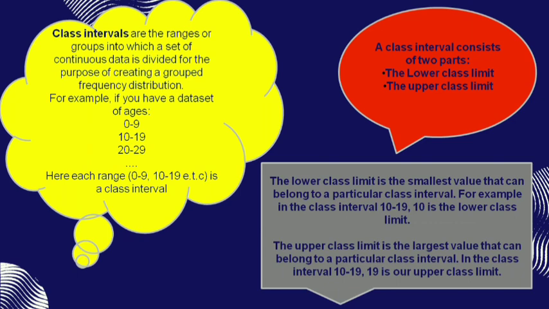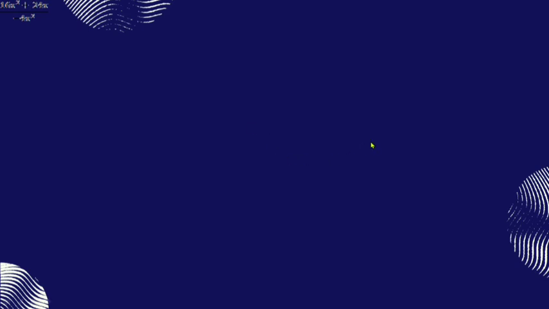For example, in the class interval 10 to 19, 10 is the lower class limit. The upper class limit is the largest value that can belong to a particular class interval. In the class interval 10 to 19, 19 is our upper class limit. Let's move ahead and look at how we can come up with one.